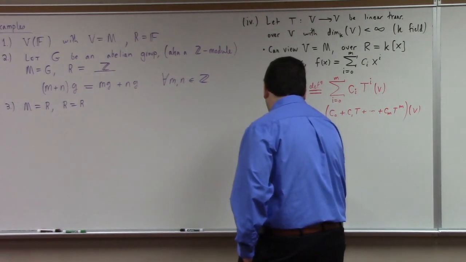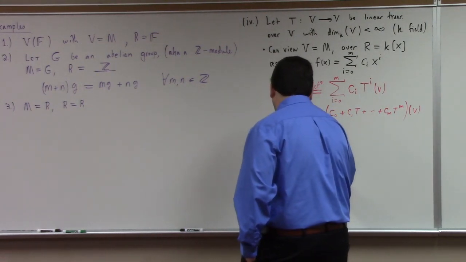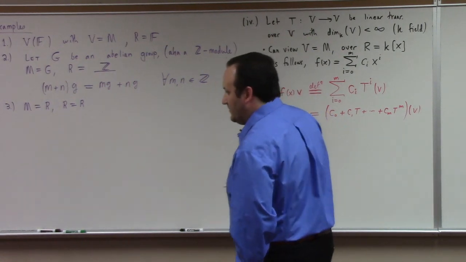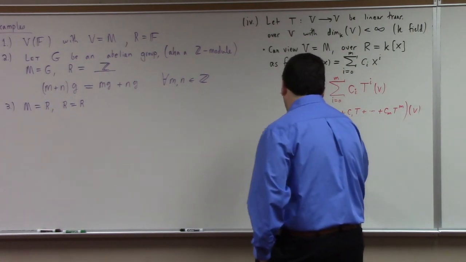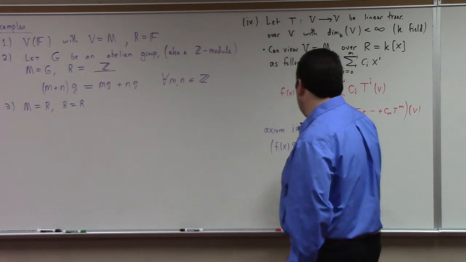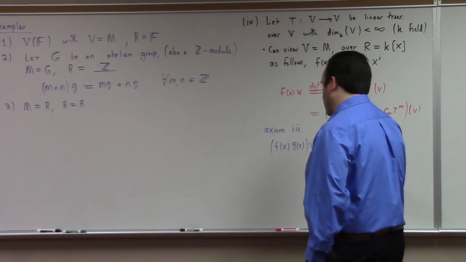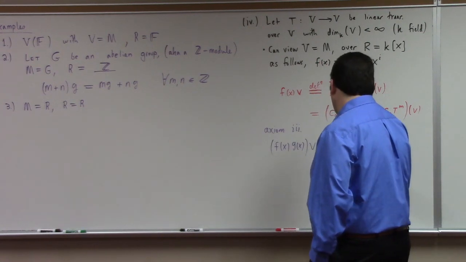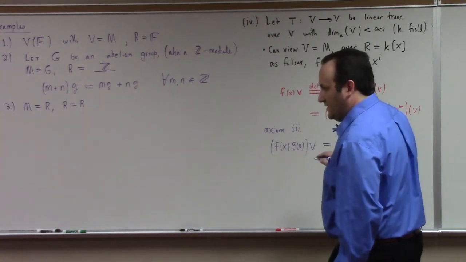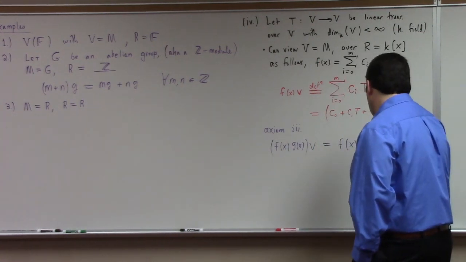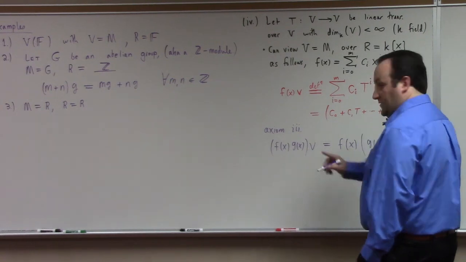Let's see here. So it'd be like f of x times g of x, right? That would be my RR prime acting on V, allegedly going to be equal to... oh yeah, but it's supposed to be f of x multiplying g of x on V, right? Now, I gotcha.